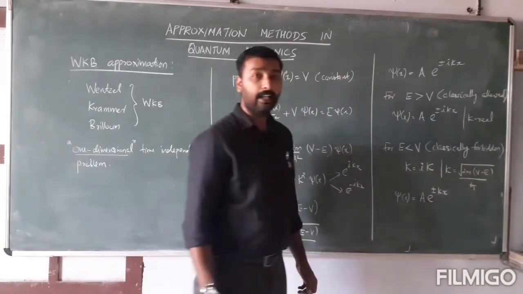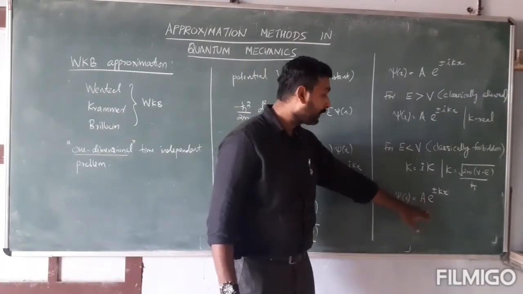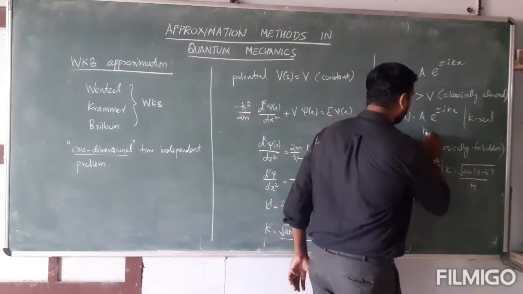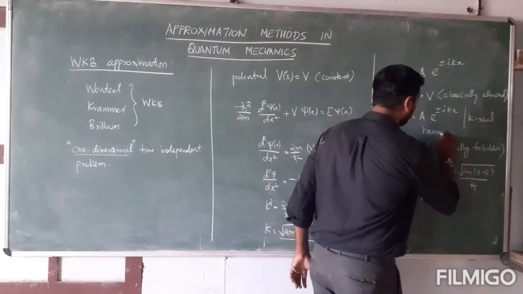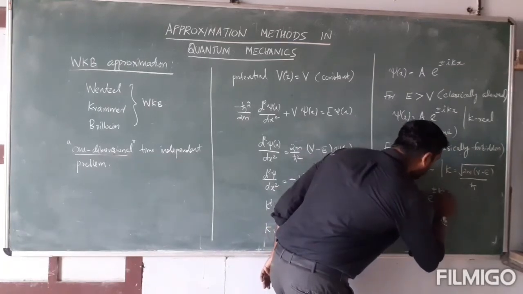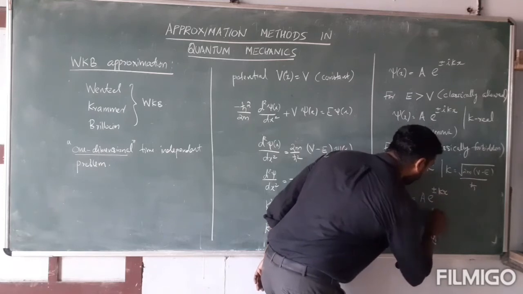In the classically allowed region, the wave function will become harmonic, and here the wave function is exponential. And this is kappa, not k, kappa, and this is exponential.